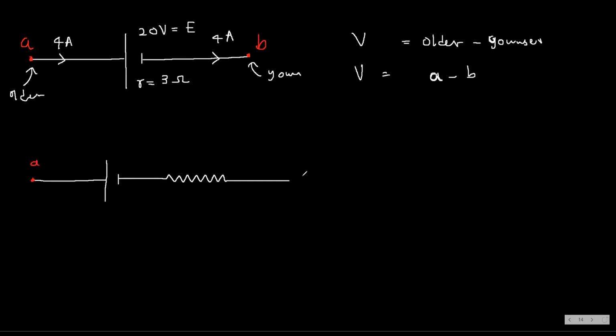This one is A and this one is B. This one is 20 volt and this one is 12. 3 ohms. 4 amps is the current. 4 amp current is passing through the resistor and the battery. Am I correct? So, Sobana, tell me what is the voltage difference?